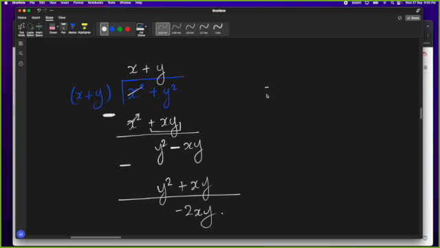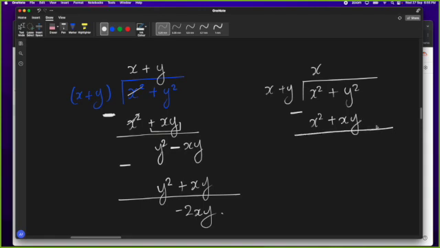In the example, you'll see that we did x times x is x squared minus, and x times y is plus xy, right? And that is 0.